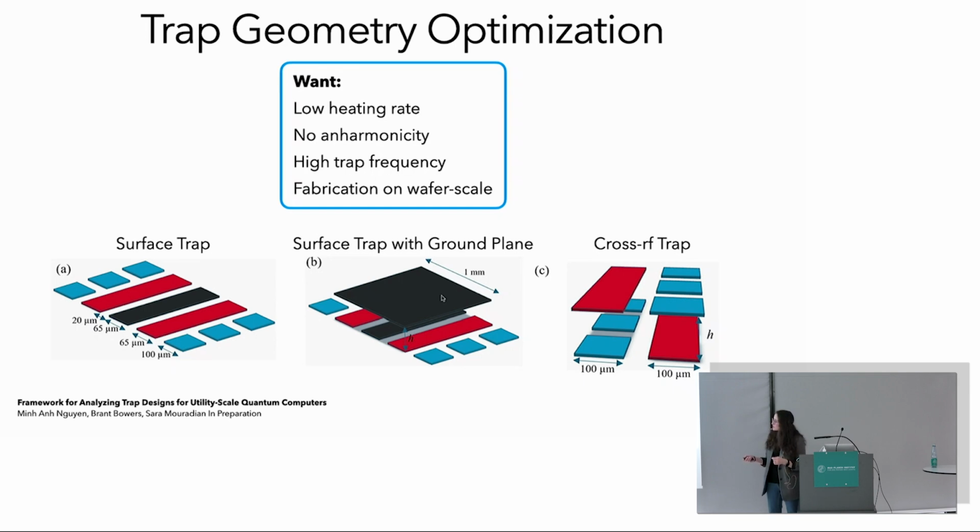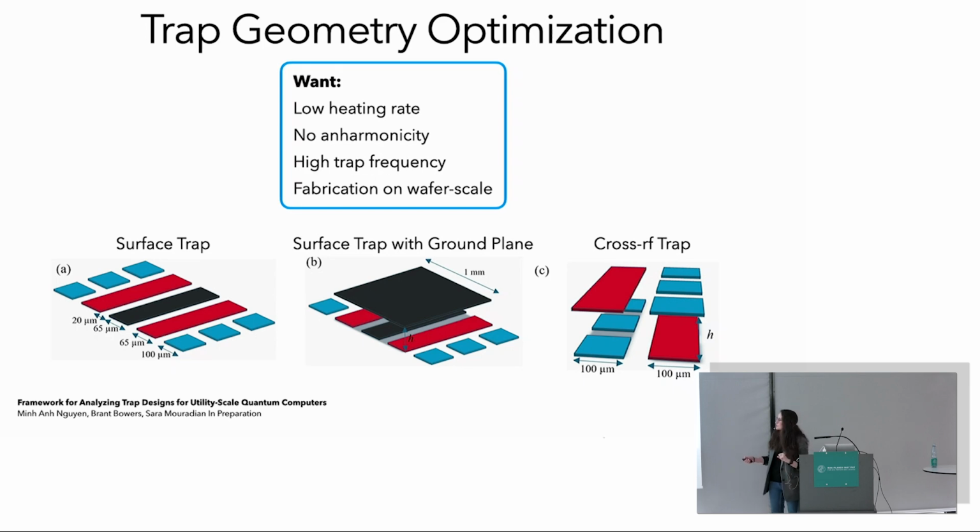Okay, and so we looked at three different general geometries. The first is the surface trap. So that's what most traps use. This is this unfolded trap. We then looked at a middle ground where we have our surface trap, but we just have a ground plane on top. So instead of having our ground plane up at infinity, we bring it closer, and we're going to see that that does help things a little bit.